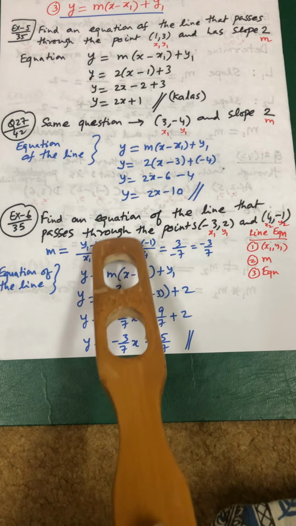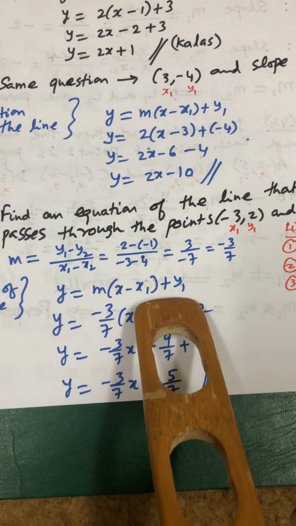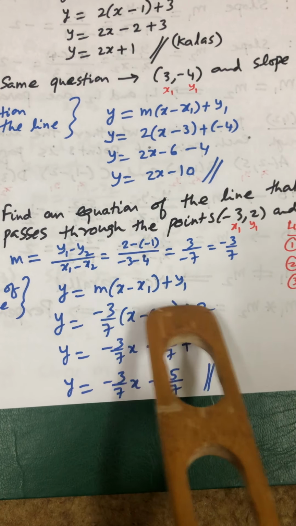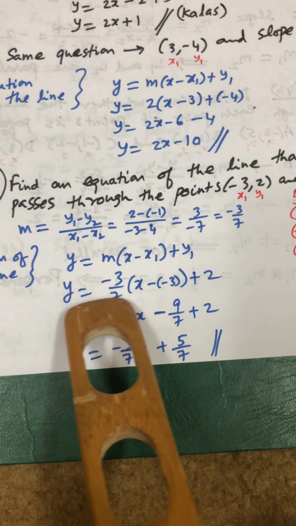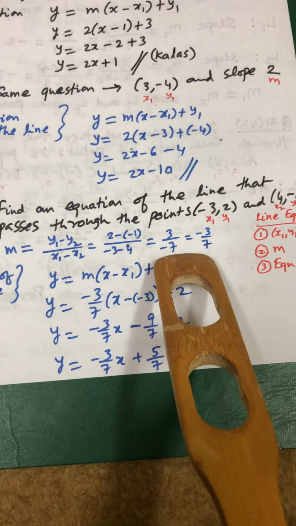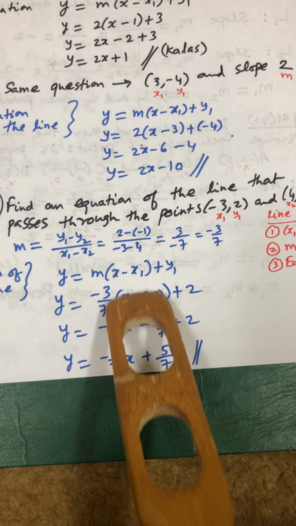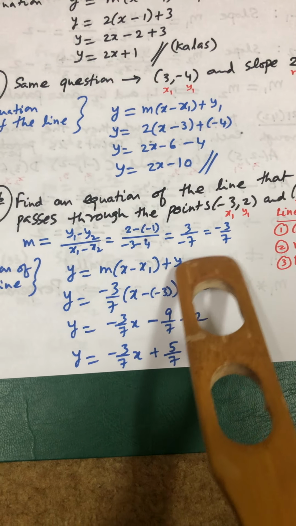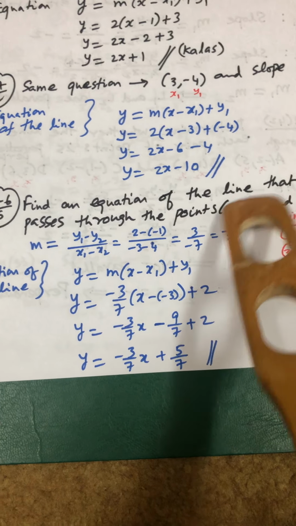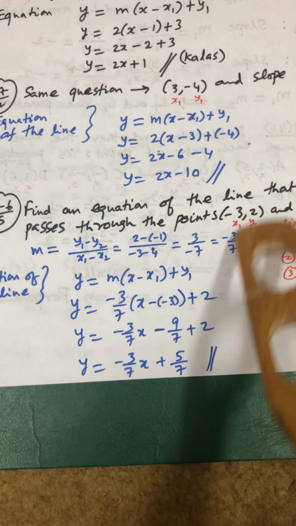Write the formula. y is equal to m multiply (x minus x1) plus y1. Only m, x1, y1 you have to put in. x and y will remain as they are in the equation of the line. So y is equal to minus 3 over 7 multiply (x minus x1, which is minus 3) plus y1, which is 2.